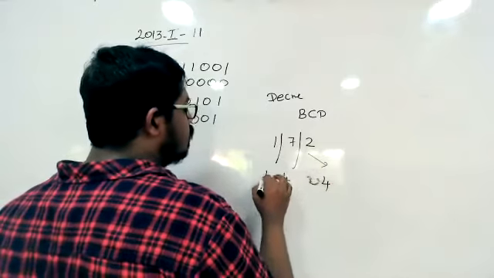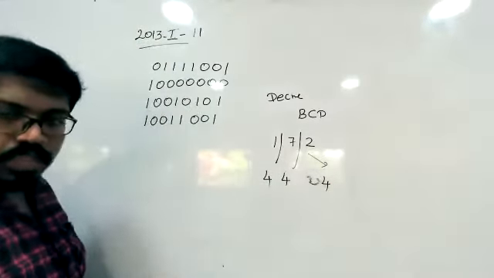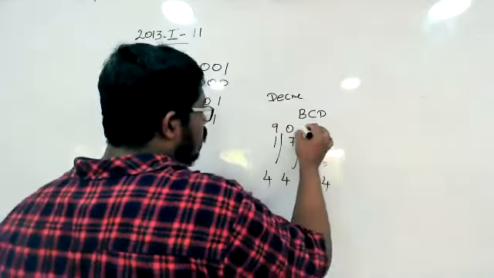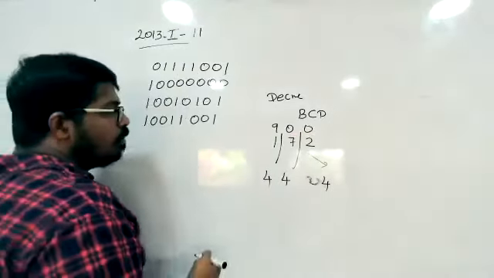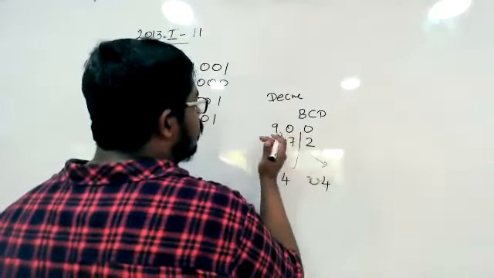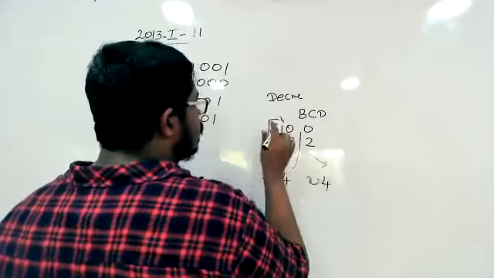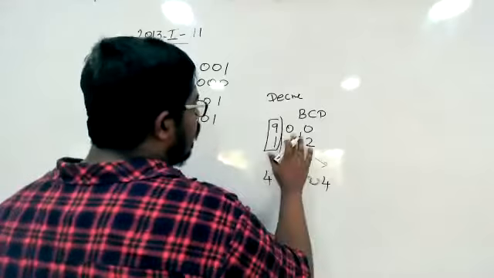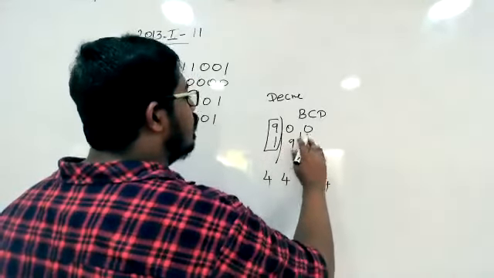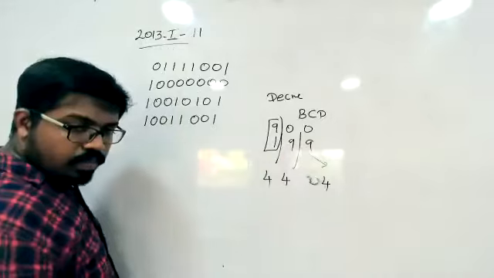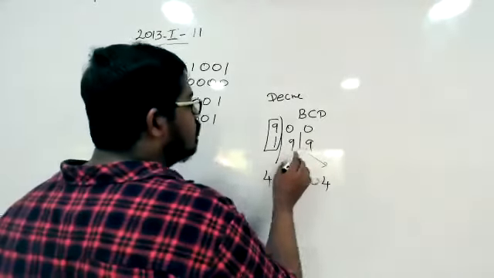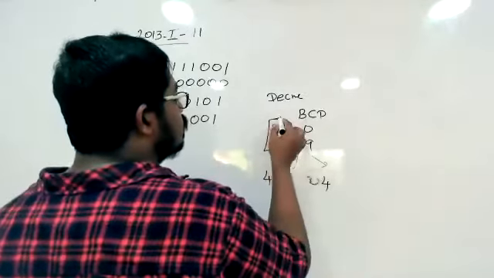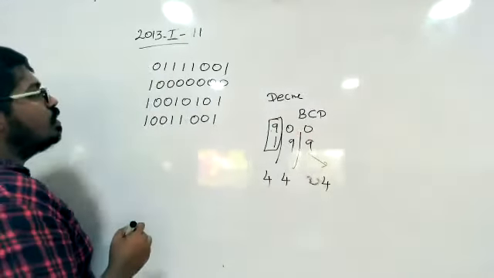When I have 900 as another number, we have to consider the leftmost digit. Why? This is hundreds. This is 900, this is 100. Whether I have 99 here and 99 here, no issues. Why? This is ones, this is tens, this is hundreds. So you have to consider the leftmost digits, right?